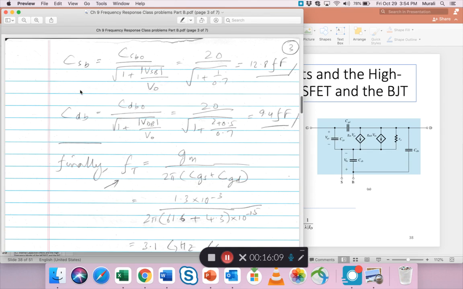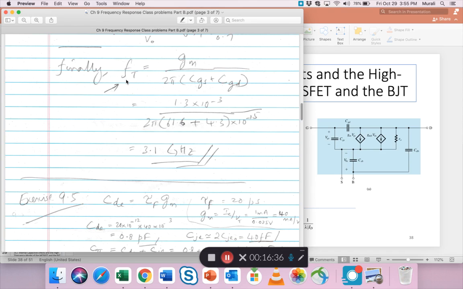These junction capacitances, they depend on the bias voltage, the reverse bias voltage. So that's, and this CSB0 and CDB0, these are given to be equal in this case. So then you apply the formula and you get these.